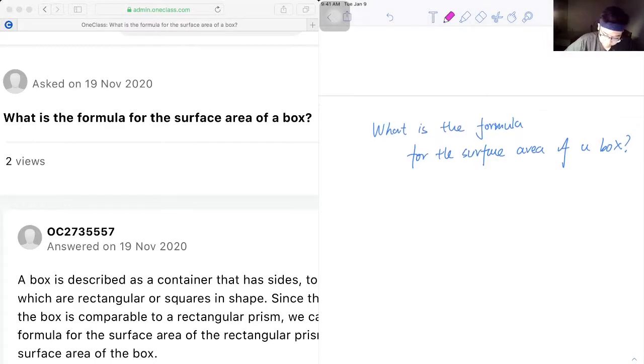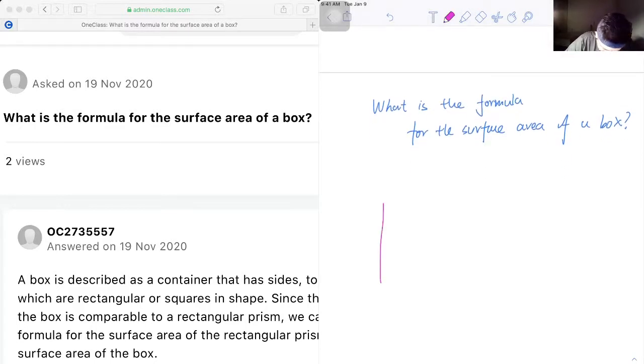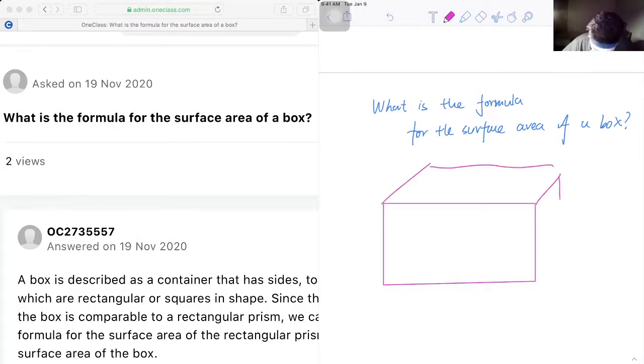First, let's draw a box. It should look something like this.